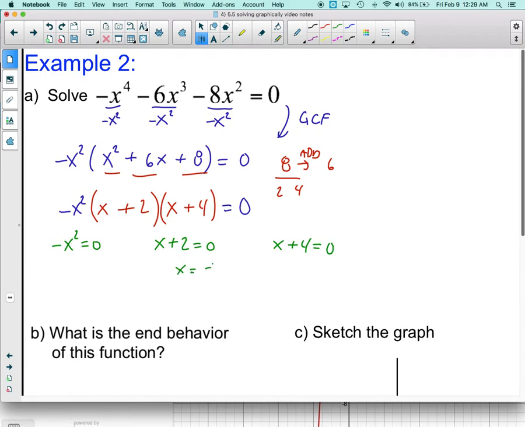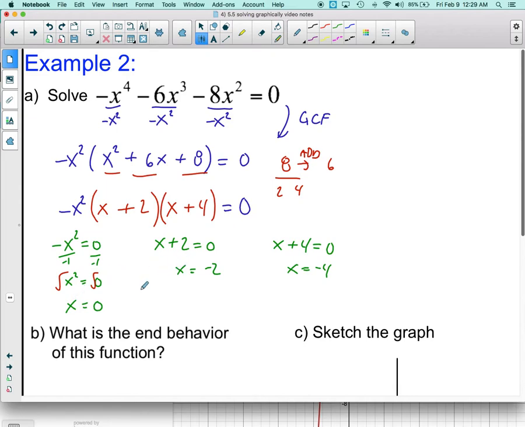That gives us negative 2 and negative 4. Now here, if you think about how to solve this, first we would get rid of that negative by dividing by negative 1. So x squared is 0. Then what we would do next would be to square root both sides. So x is, well, what's the square root of 0? It's 0.